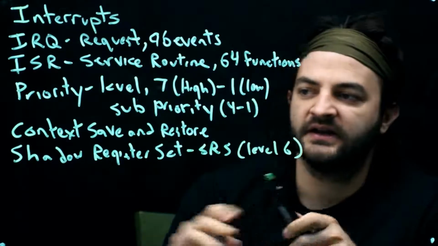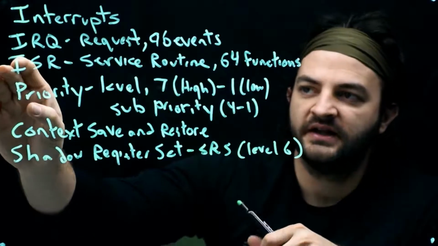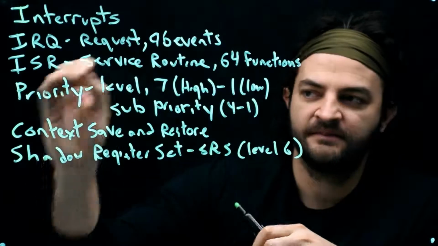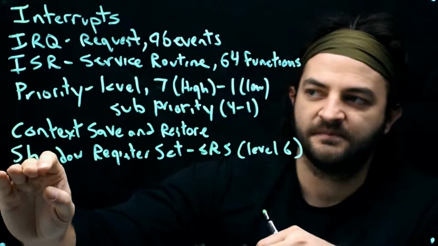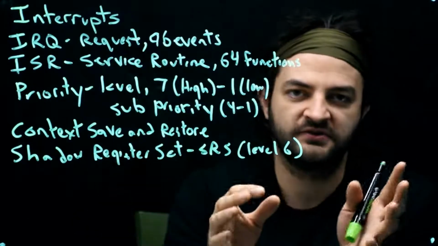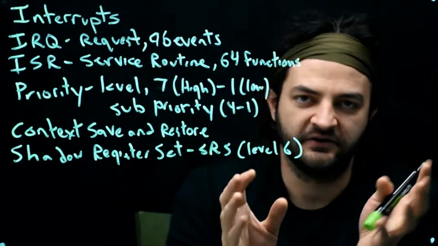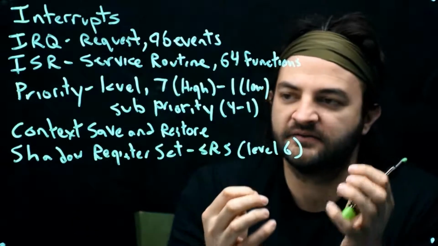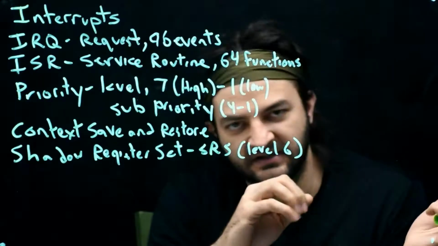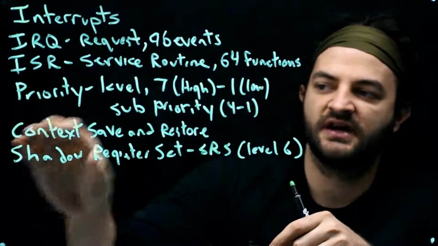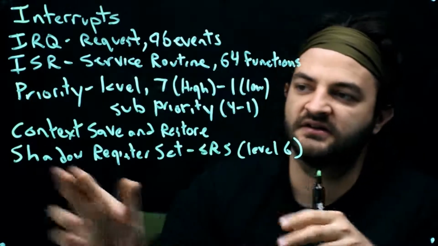So when an ISR at priority level 6 occurs, context save and restore doesn't need to happen. Instead, the CPU switches over to this other set of memory inside the CPU, just starts using those, and it doesn't have to delete it when it's done. It could just go back to the original context without doing the context save and restore.